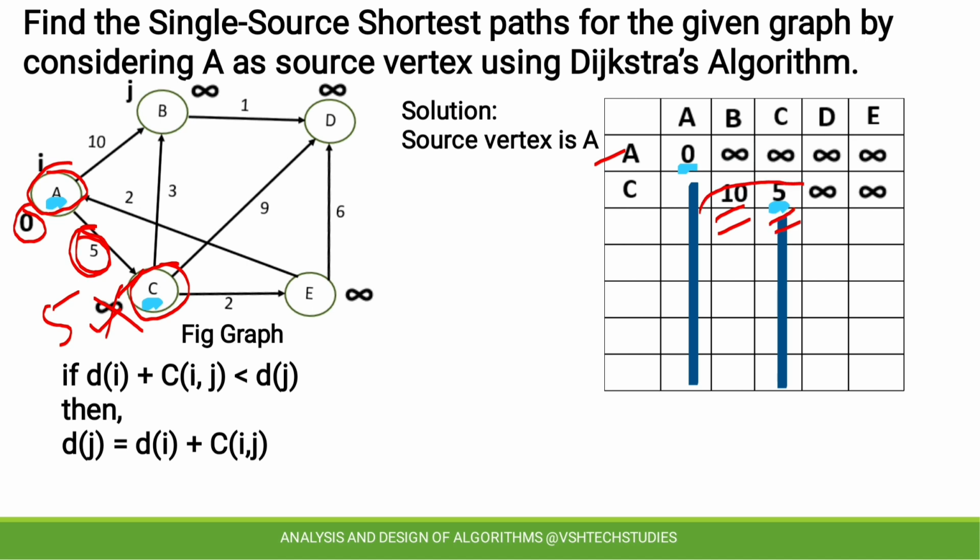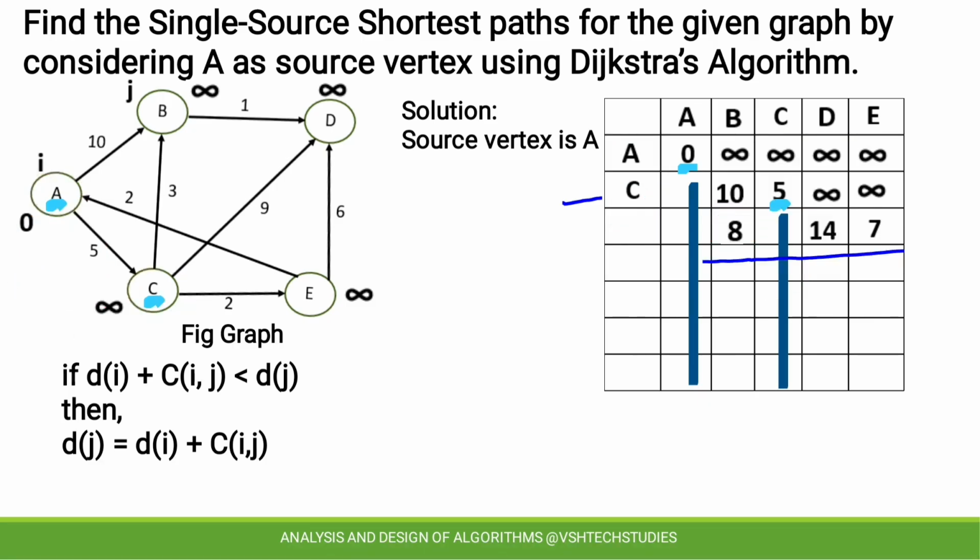Then these two are compared, which is minimum, that is underlined. It is with respect to C, and hence C is marked here. C is added to visited node list, and that procedure under A is marked as completed. So these are the steps that we have done for A, and those we have to repeat for C now.